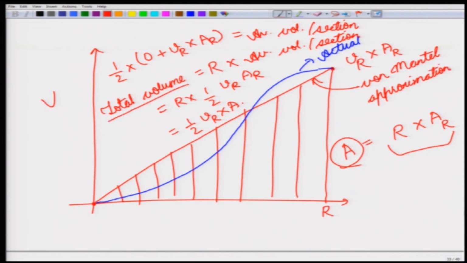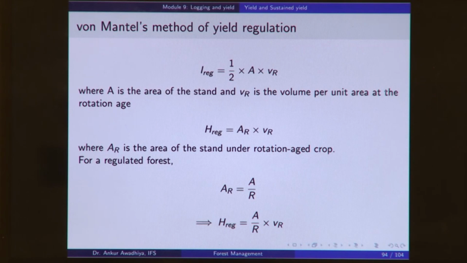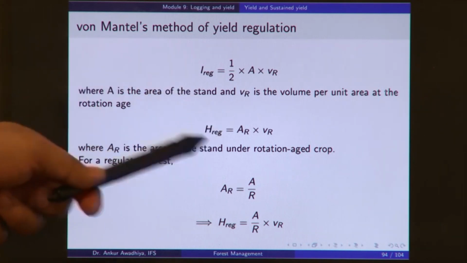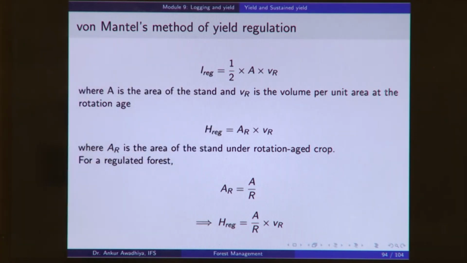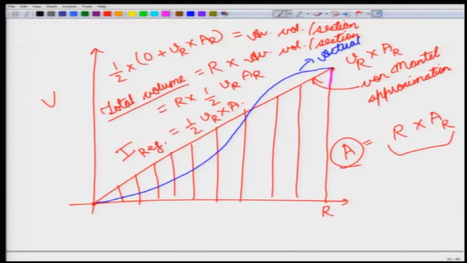Now, this total volume is the ideal volume, or the volume of a regular forest. Now, H in a regular forest, or the amount of harvesting that you will be doing in the regular forest, will be given by the coupe that has reached its maturity. We are talking about this final coupe.